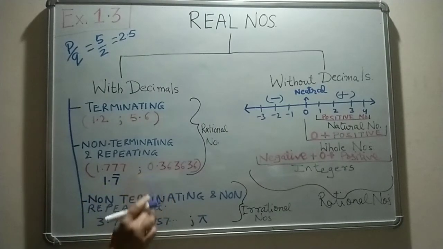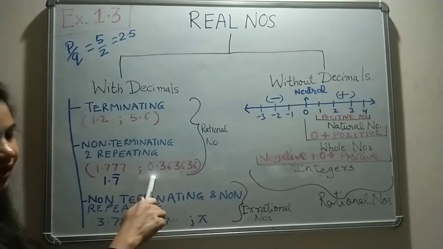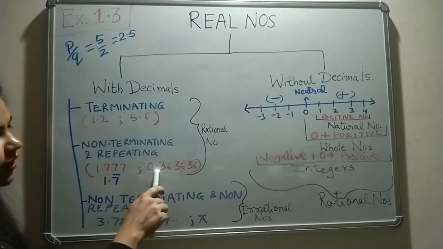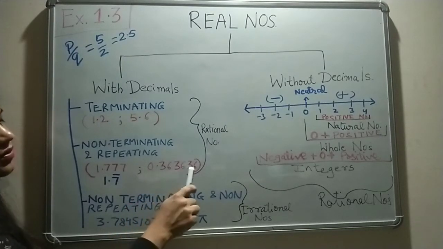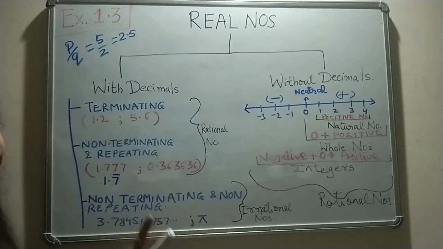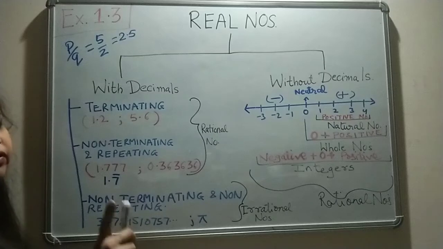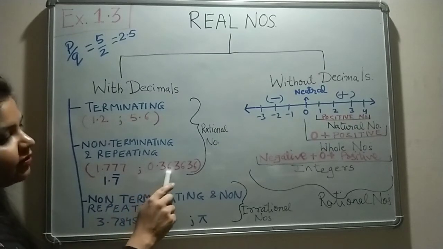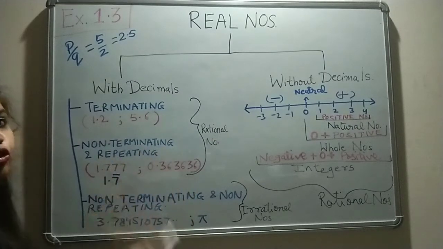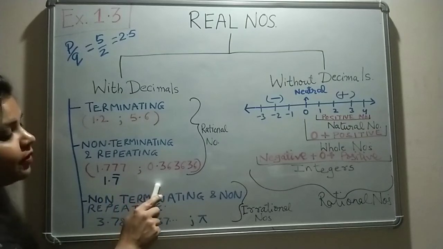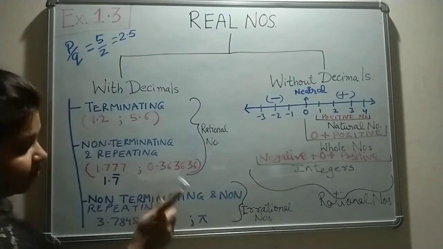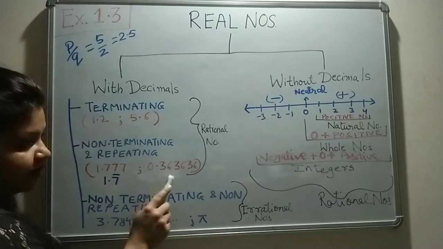Over here you are seeing that the example says 0.363636. Always remember one thing, that after the decimal you are not going to pronounce the number as zero point thirty-six thirty-six. It is absolutely wrong. You have to pronounce it one single digit at a time after the decimal: 0.363636.